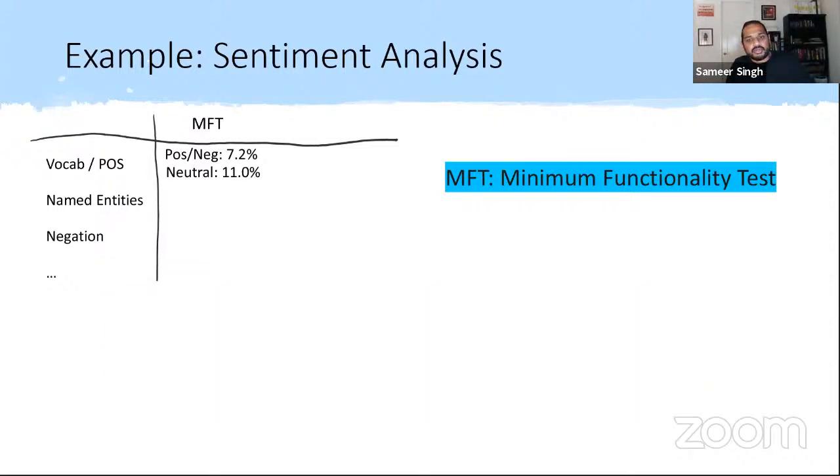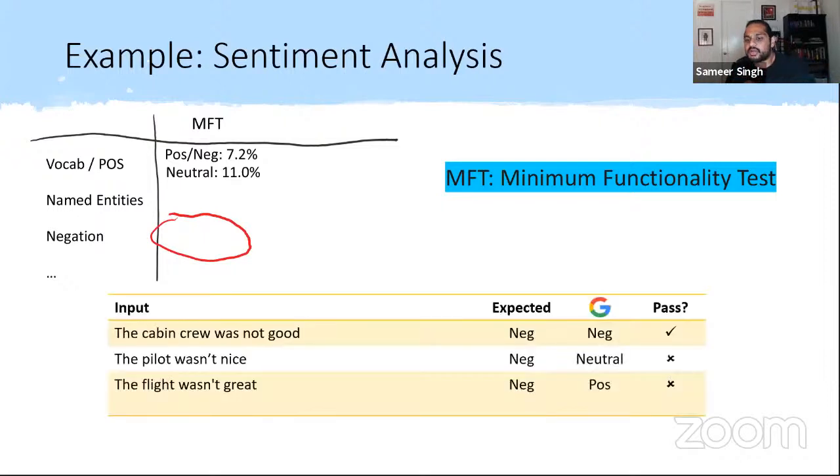We can show another example of using the same idea for a different capability, just to give you an idea of what it looks like. Let's look at negation, which is a little bit difficult for sentiment analysis systems. We're going to create simple examples that just have a simple negation in them. So: the cabin crew was not good. The pilot wasn't nice. The flight wasn't great.